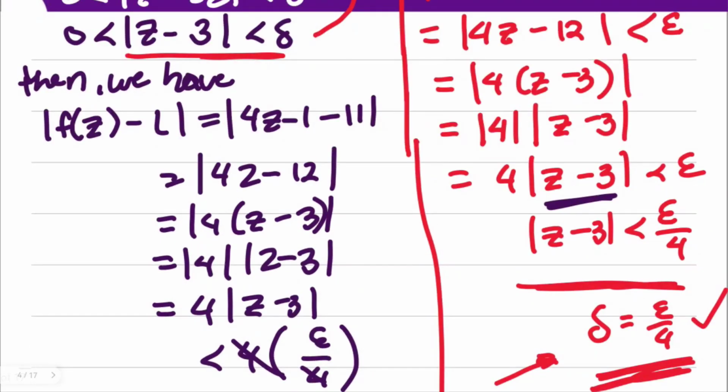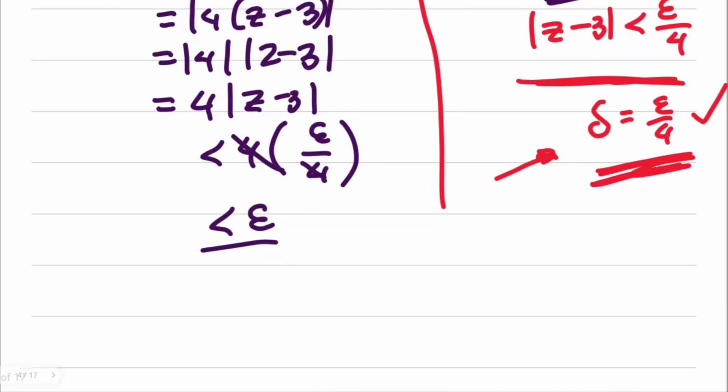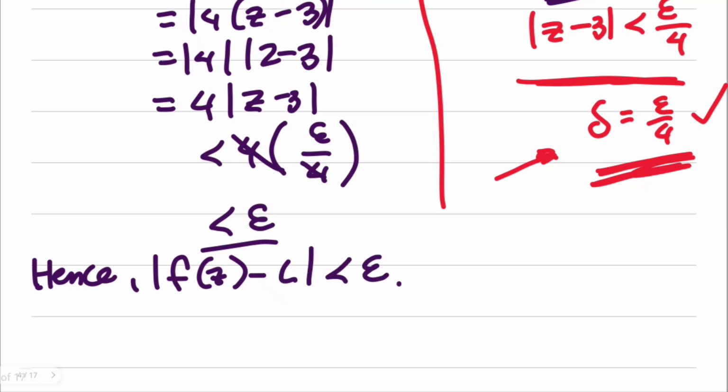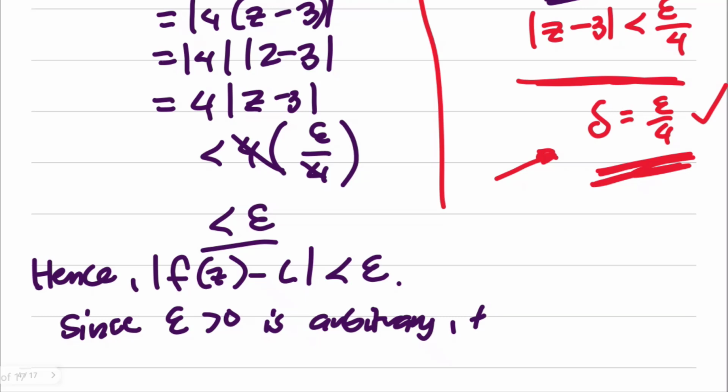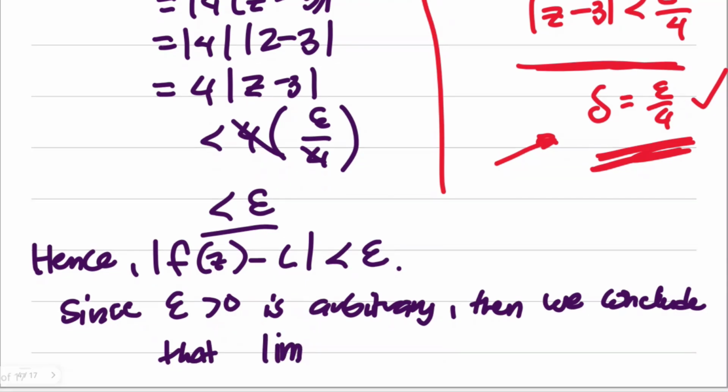Hence, the absolute value of f of z minus L is less than epsilon. Then, since epsilon greater than 0 is arbitrary, we conclude that the limit of 4z minus 1 as z approaches 3 is equal to 11.